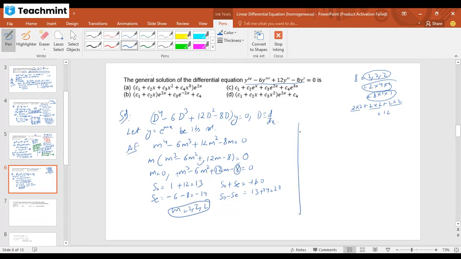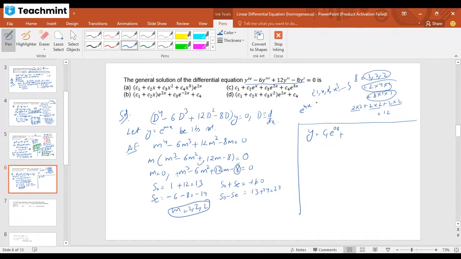So we know that if one of the roots is 0, we get c1 e power 0x. And if the root is repeated, how many times is it repeated? 3 times. If the roots are repeated, we multiply e raised to power mx with the basis of the polynomial function like 1, x, x square, x cube and so on. It depends on how many times the root is repeated. If it is repeated 1 time, e raised to power mx into 1.